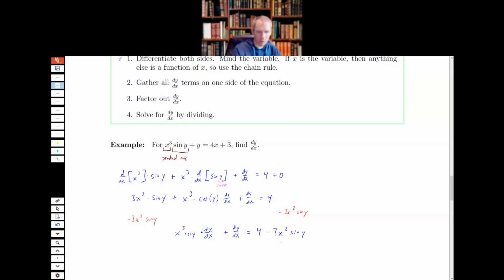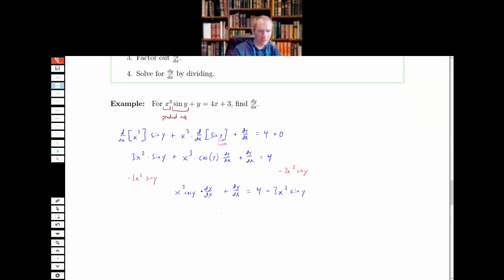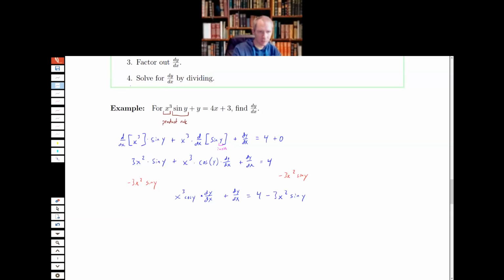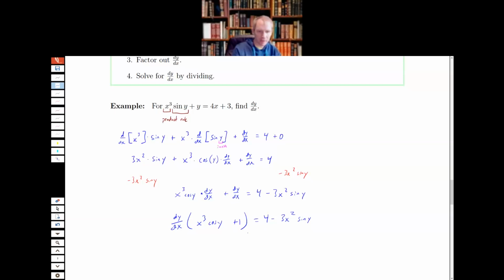And then we're going to go ahead and factor the dy/dx out of the left-hand side. That's step 3. So if I factor out dy/dx, what I'm left with is x cubed cosine y plus 1. And that factoring out is the way to separate the dy/dx from everything else. So now I can solve for dy/dx by just dividing.